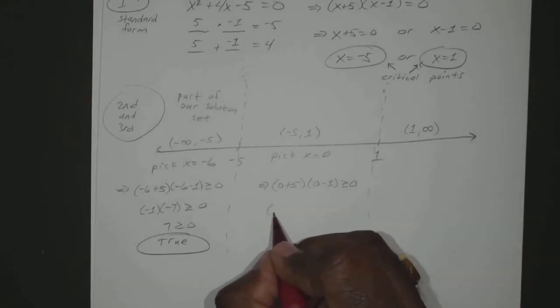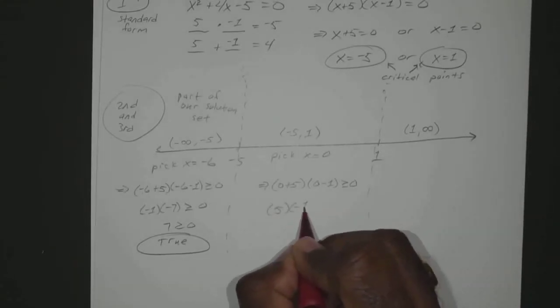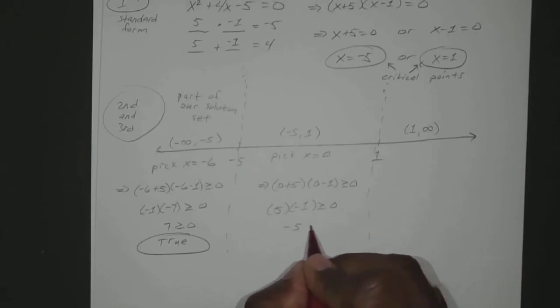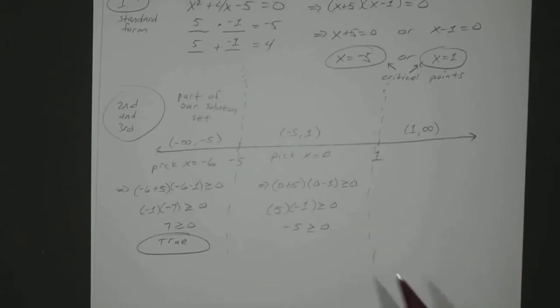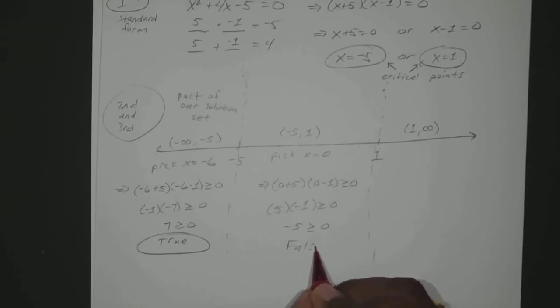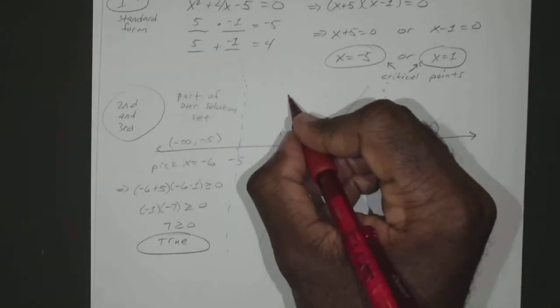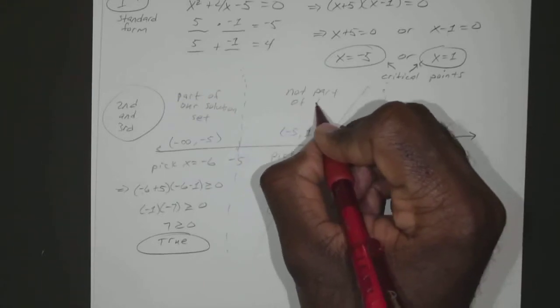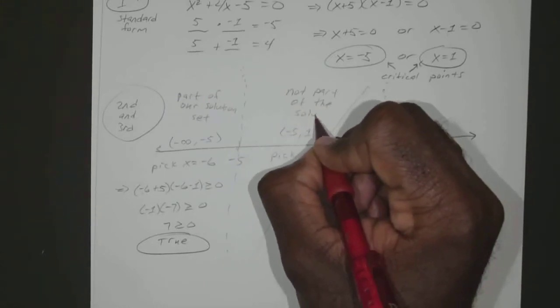Which gives us 5 times negative 1 is greater than or equal to 0, or negative 5 is greater than or equal to 0, which is false. If it's false, I usually draw a quick line through it, so it's not part of the solution.